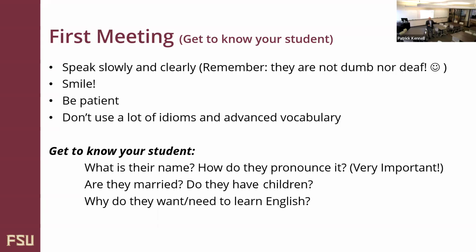So get to know them. Are they married? Do they have children? What are the children's names? What do they do? Why do they want or need to learn English? Get to know them on a personal level. Share your life with them as well, as much as you're comfortable with.